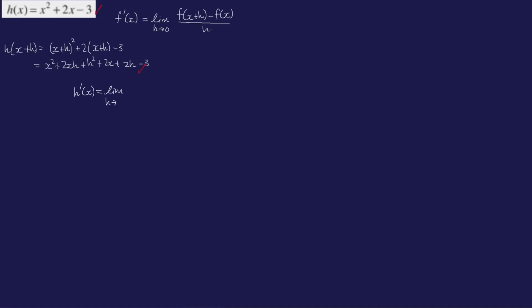as h approaches 0. So h of x plus h is x squared plus 2xh plus h squared plus 2x plus 2h minus 3. And I'm subtracting the original, which is x squared plus 2x minus 3.